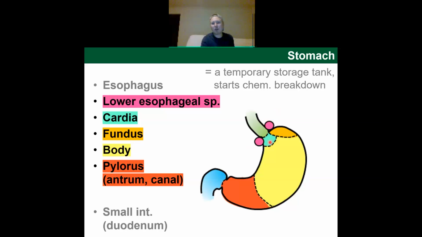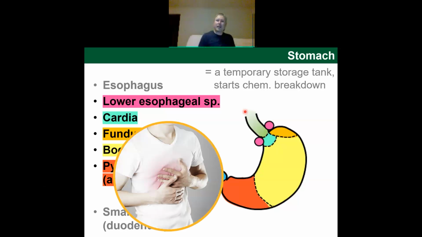So where the esophagus ends and stomach connects, there's a sphincter. The function of the sphincter is to prevent stomach acids from climbing up to your esophagus. What happens if stomach acids climb up there? You get something that we describe as heartburn. So that's the stomach acid irritating the esophagus.